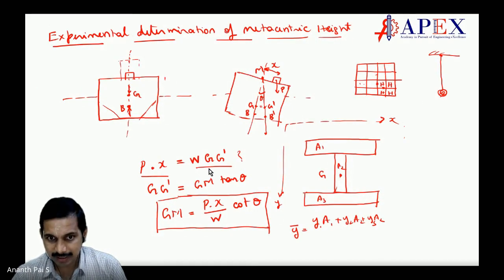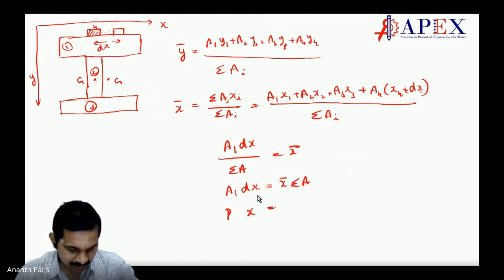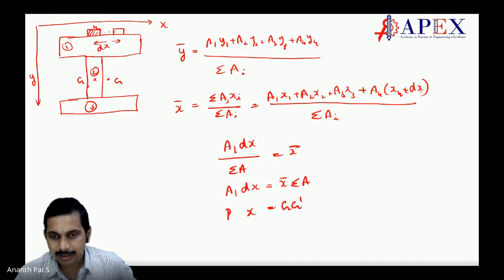That's the new center, G dash. Instead of this, we will take the moment which has happened, into the distance. Agreed, students?